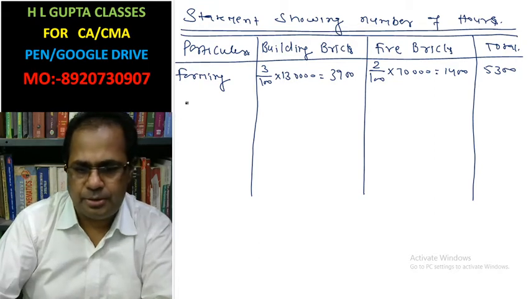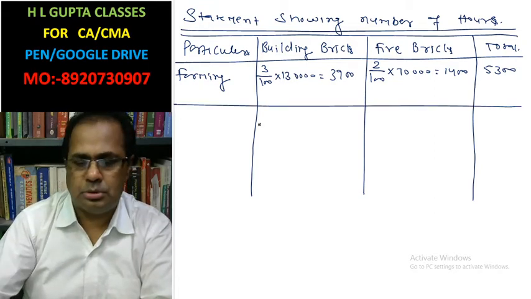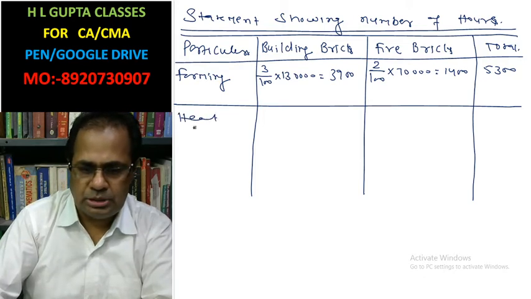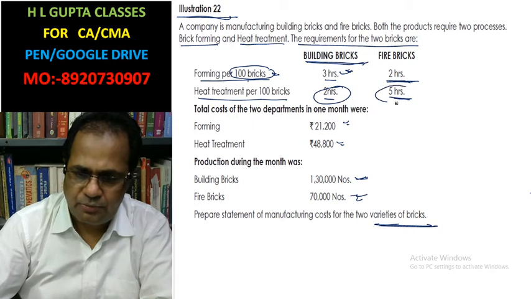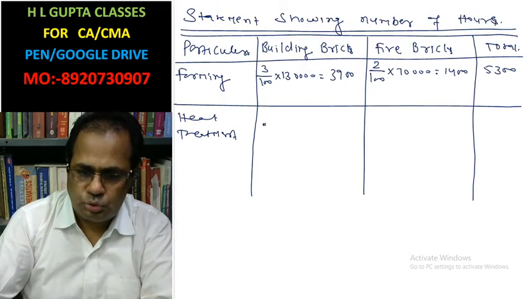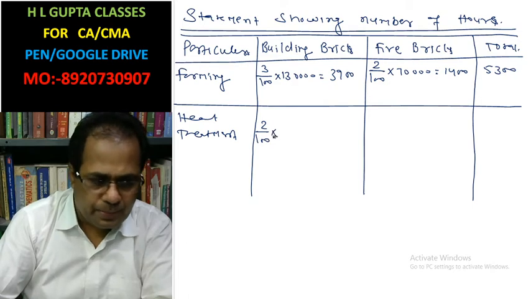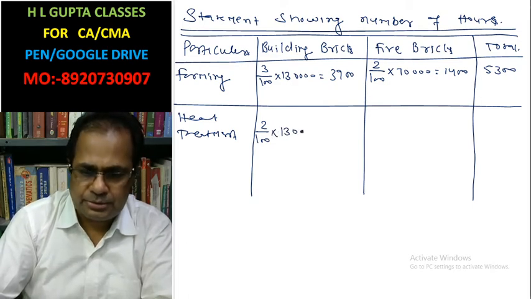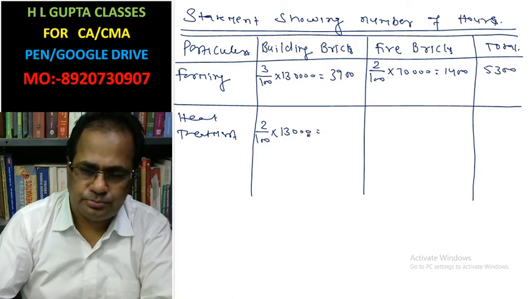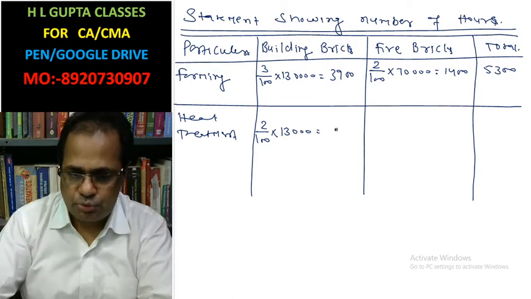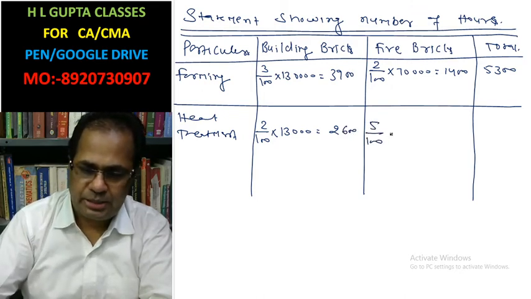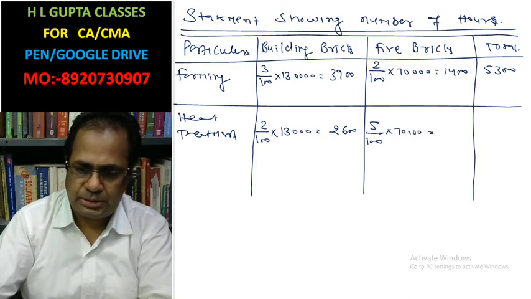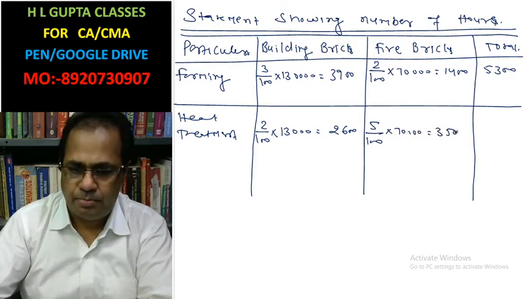Now heat treatment. Look at the time. It is 2 hours for building bricks, and 5 hours for fire bricks. 2 hours for 100, then for 1,30,000 it is 2,600 hours. 5 hours for 100, then for 70,000 bricks this is 3,500 hours.